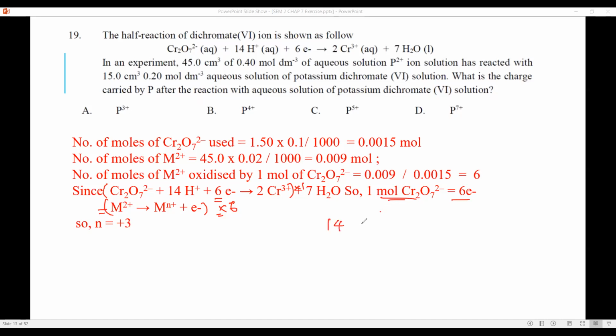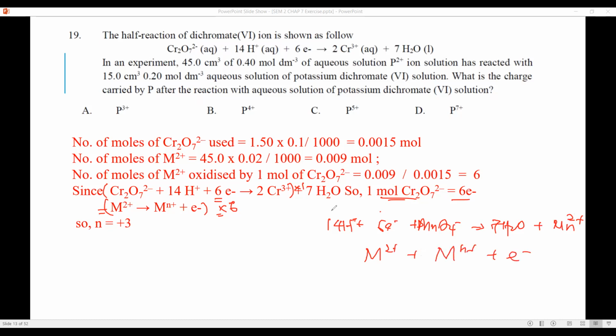So for example, if you have 14H+ plus 6e- plus MnO4- gives 7H2O plus Mn2+, and then the other one will be M2+ gives M3+ plus e-.